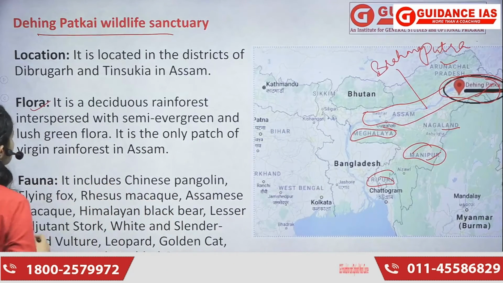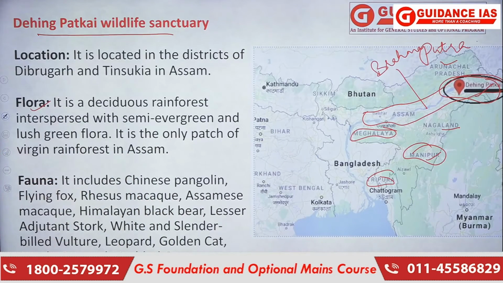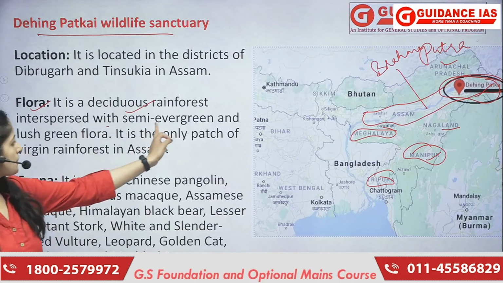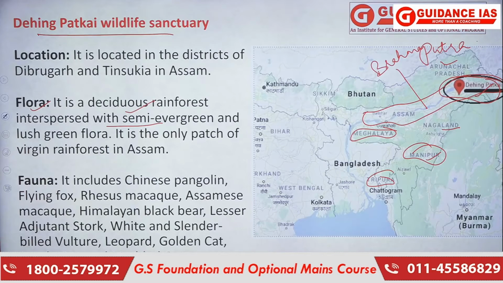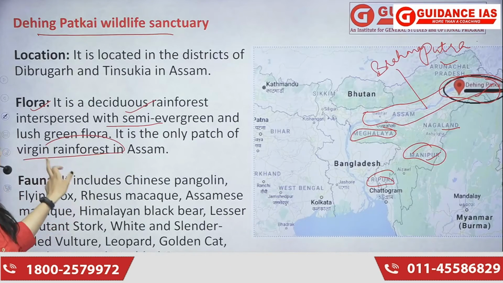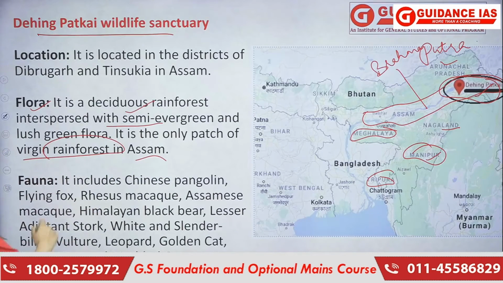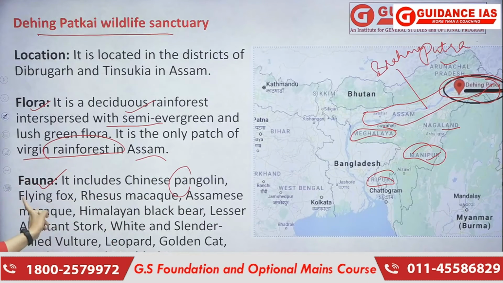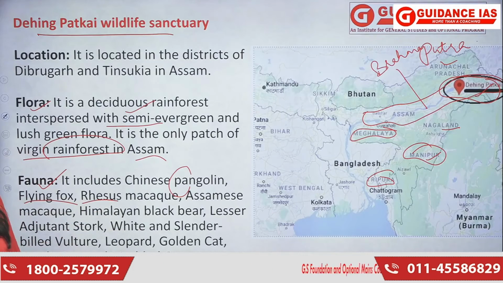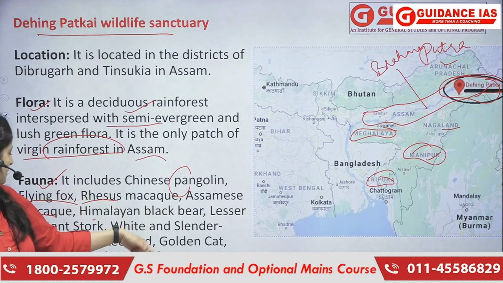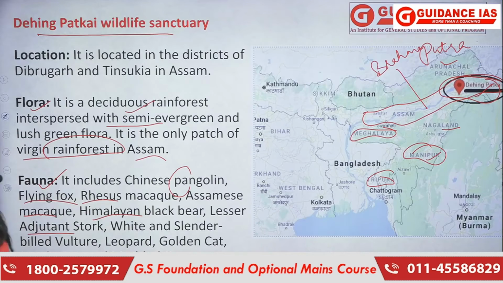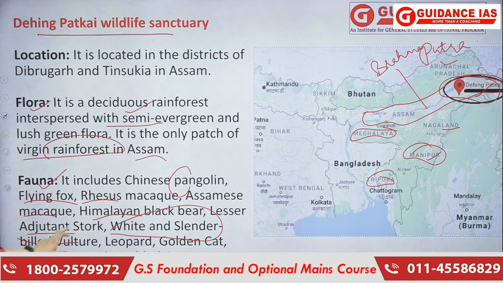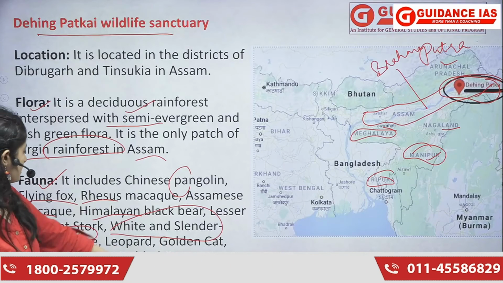If we talk about the plant species found in Dehing Patkai Wildlife Sanctuary, that would be deciduous rainforest, right, with semi evergreen lush green flora, and it is the only patch of virgin rainforest of Assam. Okay. We talk about animal species, it includes pangolin. Pangolin is found here quite a lot. Then you'll find flying fox, rhesus macaque, Assam macaque, Himalayan black bear and lesser adjutant stork are also seen here, along with white-winged and slender-billed vulture, and leopard too.